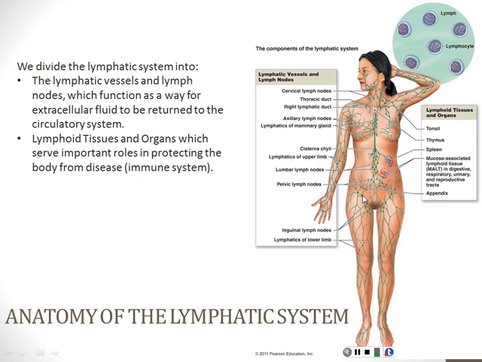And then in the chest, we have a cluster of lymph nodes around the lungs, because we're breathing air in all the time, right? So the lungs are a huge avenue for potential infection, because we're breathing in air from the environment. So to keep infection from spreading to other parts of the body from the lungs, we have this cluster of lymph nodes in the lungs, and then we have another in the GI tract to help guard against infection coming in from food that we've eaten or water that we've drank.